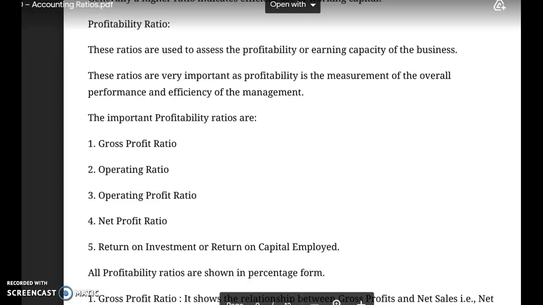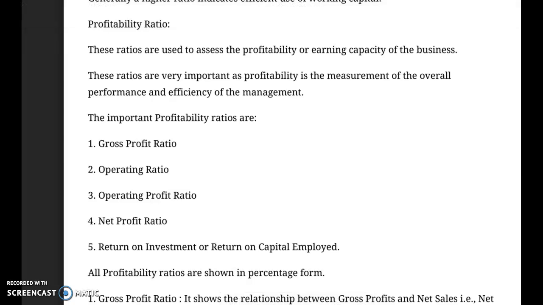Dear students, in our previous class, we had learned the first two categories of ratios. First was solvency ratios, and under solvency ratios, we had learned to calculate short-term solvency ratios and the long-term solvency ratios.